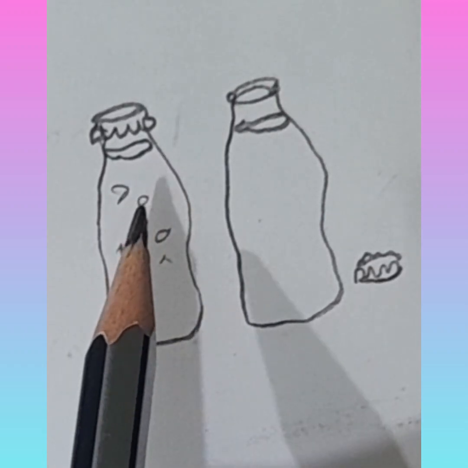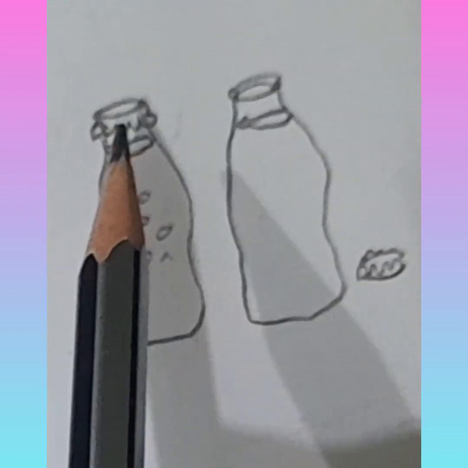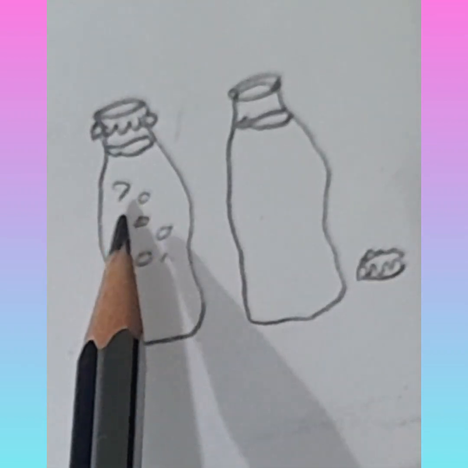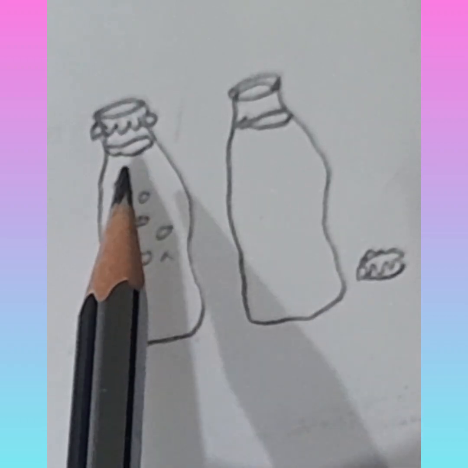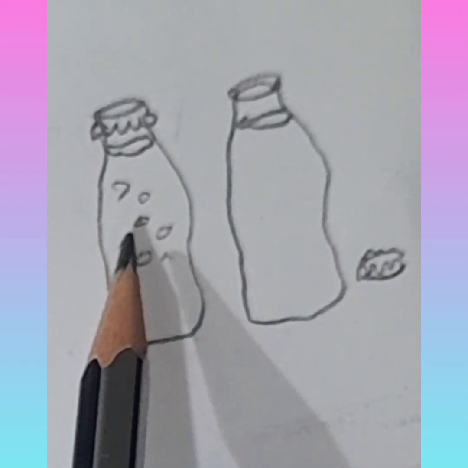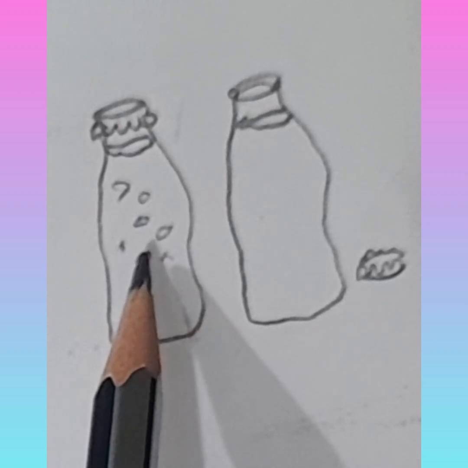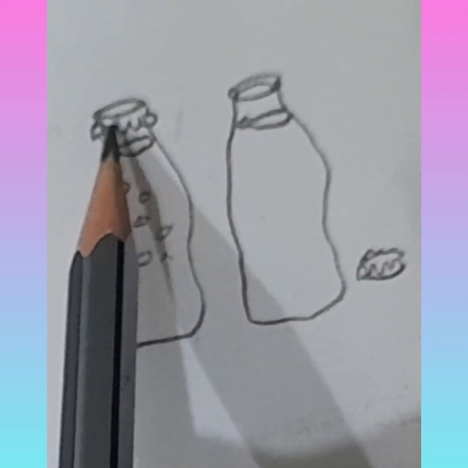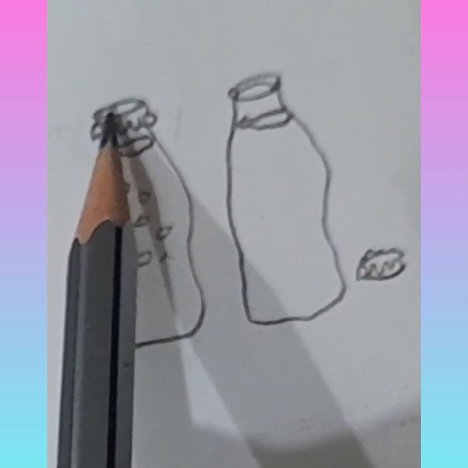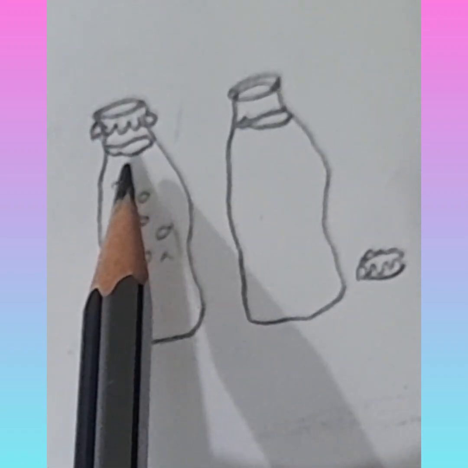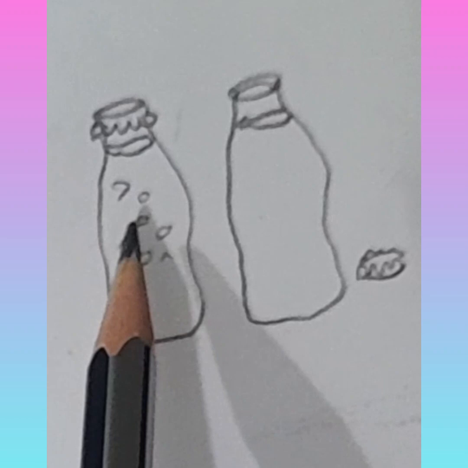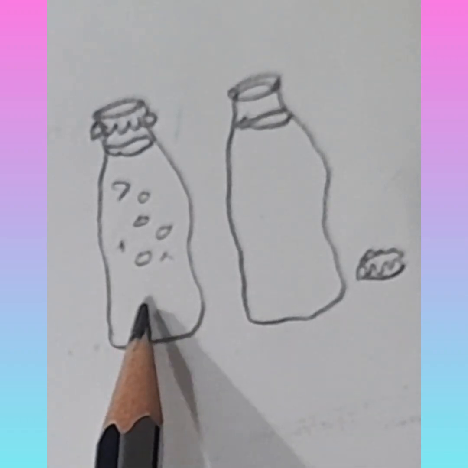Now these drinks are all aerated. What do you understand by aerated? Aerated means the liquid has been pressurized with carbon dioxide gas, and closed under pressure, as a result of which the entire liquid has sufficient quantity of carbon dioxide gas in it.